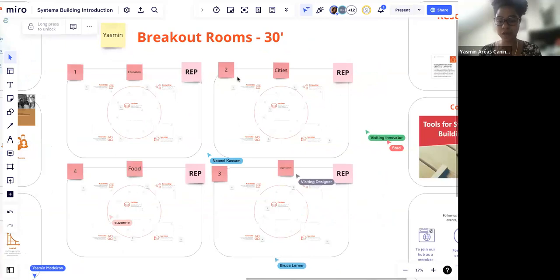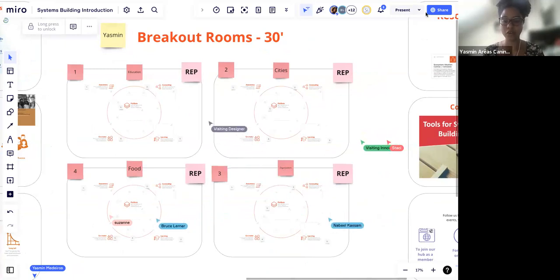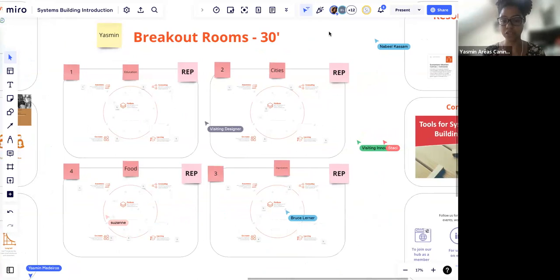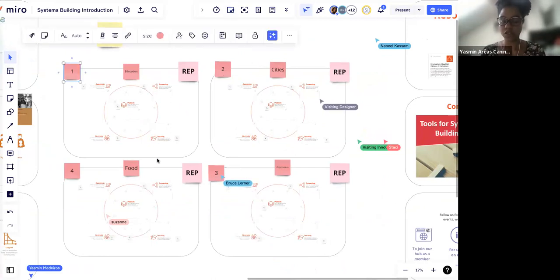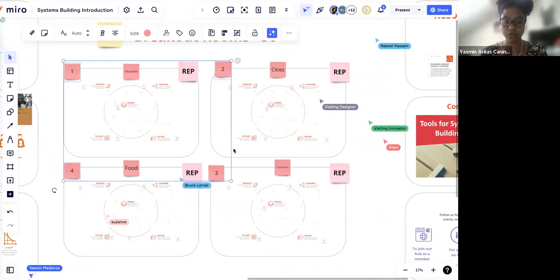So identify one challenge in this specific topic, either education, cities, food, organizations, that you're going to use for this specific exercise. And then you follow this order that Joss just presented. And we can come back to the main room afterwards to discuss the main ideas that you've shared.